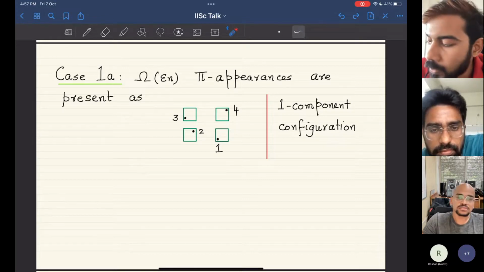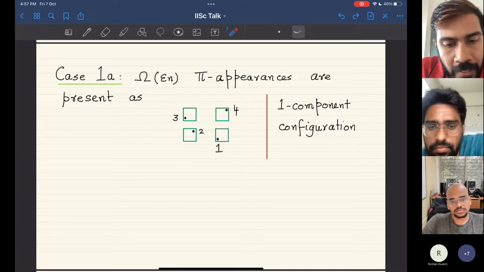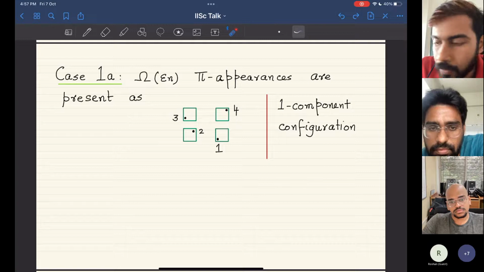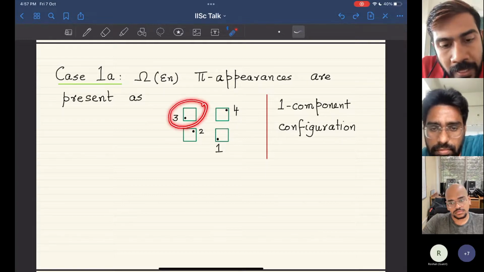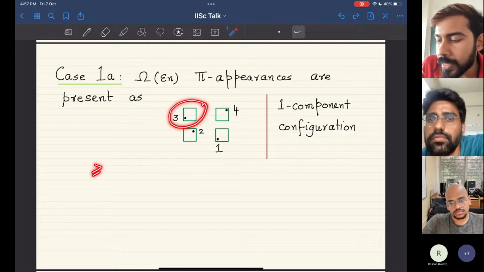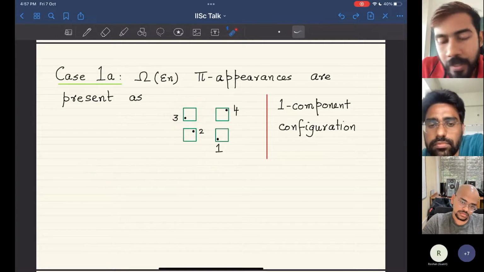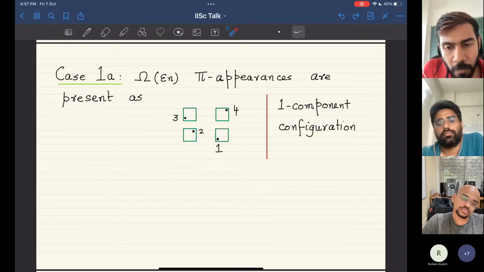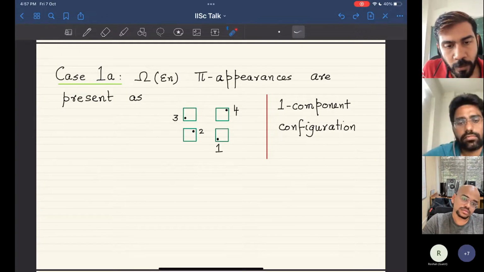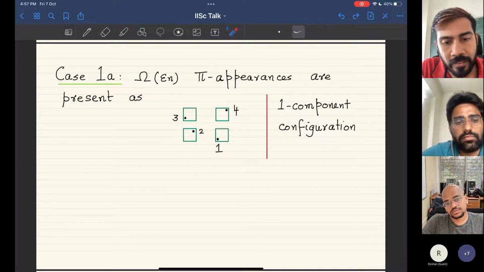I can say that since at least epsilon n pi appearances are present like this, a uniformly random dense box must contain at least epsilon n over m 3 legs of such pi appearances, right? Because these 3 legs are also distributed. So a uniformly random dense box must contain a lot of such 3 legs.